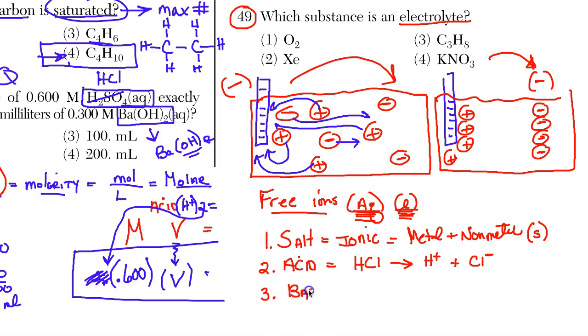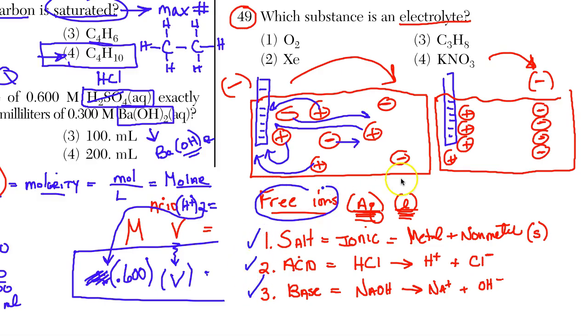A base is really a fancy salt, usually like NaOH, that when dissociated in water gives Na+ and OH-. So the bottom line is that we have to have free ions, and these are the three different things that do that. So we're looking for something that's either a salt, acid, or a base.